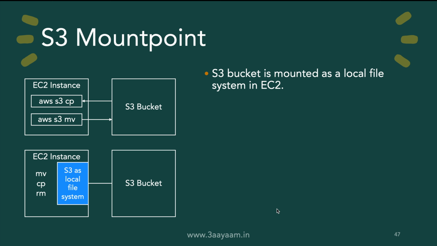Now we can run Unix commands like mv, cp, rm, etc. on the local file system. And what the S3 Mountpoint software does is convert the Unix commands to S3 API calls. So all these OS calls will be translated to S3 API calls automatically. And of course, you can use these Unix level commands to do these operations.